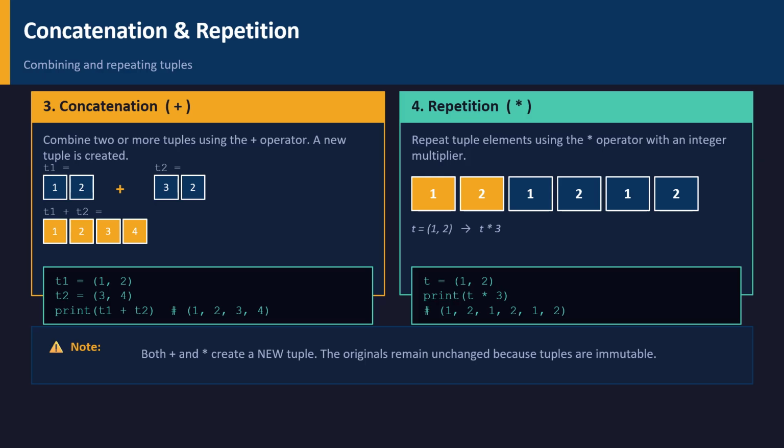The important point to remember is that both the plus and multiply operators always create a brand new tuple. They never modify the original tuple. This is because a tuple is immutable, meaning once it is created, it cannot be changed.